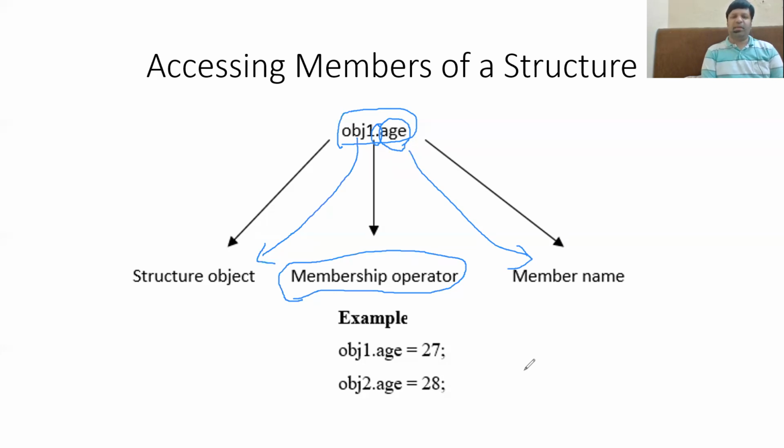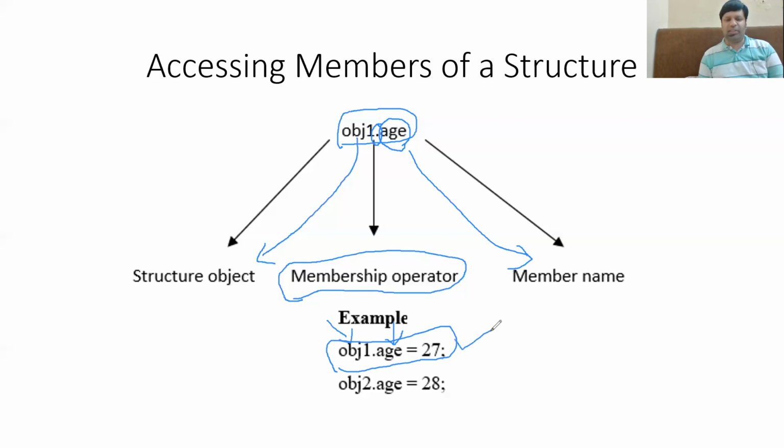In case we are using a pointer object, then a different membership operator is used, but that has been discussed in the next session. So here are some examples. In this example, we want to assign a value to the member age which belongs to object 1.